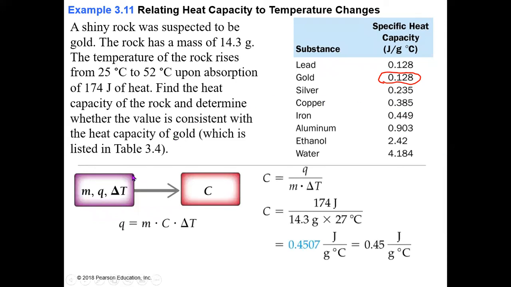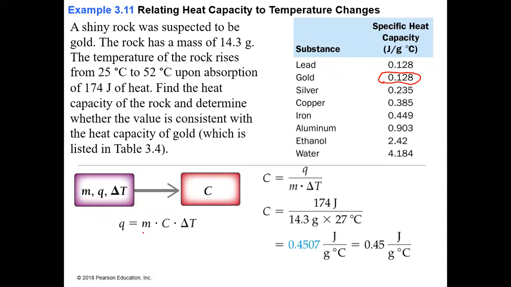We are given the mass, the heat, and the temperature change. So we can use this equation and solve for C, which is the specific heat capacity. We just rearrange this equation.